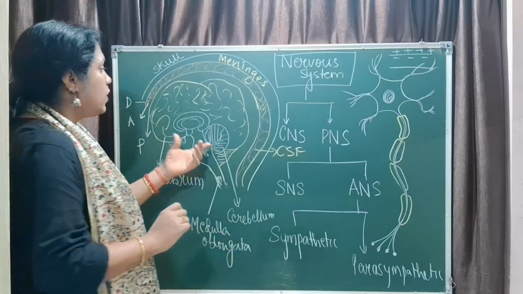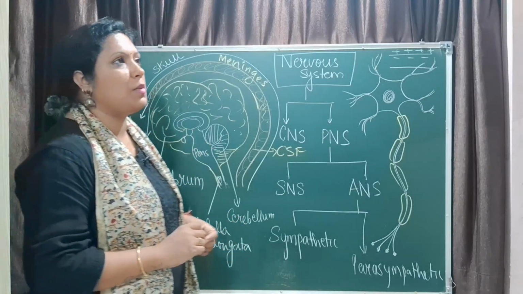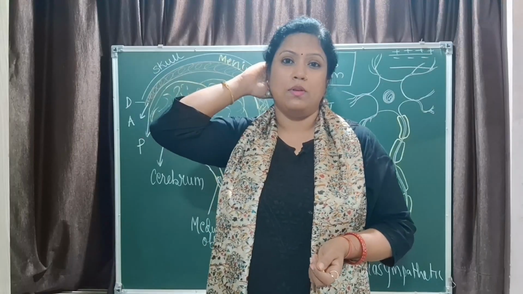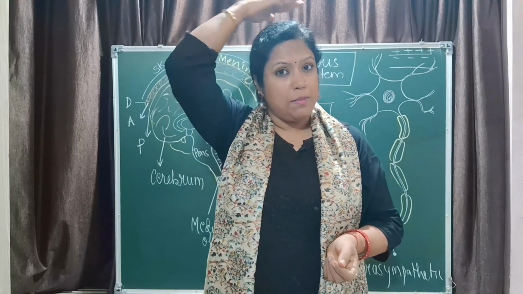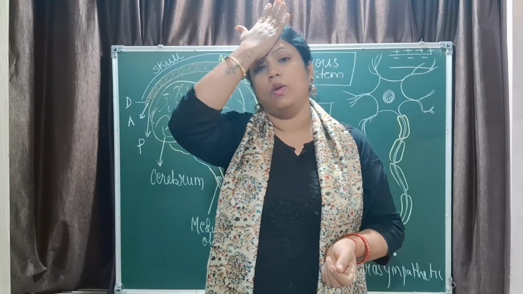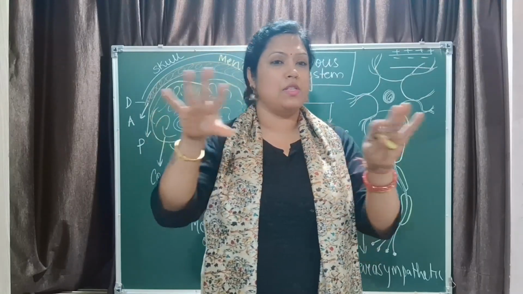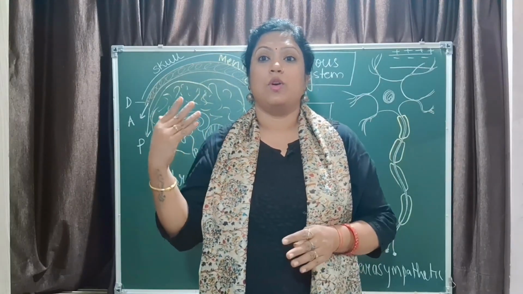Okay, now what is the function of cerebrum? When you talk about cerebrum, remember OTP. O, occipital lobe, T, temporal lobe, P, parietal lobe, and in front you have the frontal lobe. Now what is the function of the occipital lobe? It is for vision and all the things related to what you see.